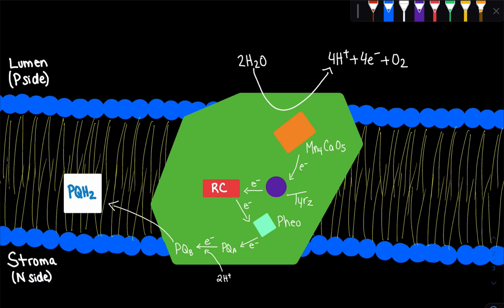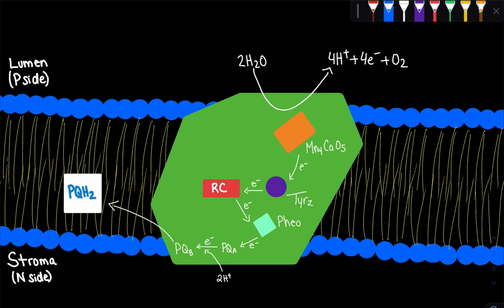If we recall back to the electron transport chain in the mitochondria, we have quinone. Here in photosynthetic plants, we have plastoquinone. PQA is tightly bound to photosystem 2. It's going to pass its electrons on to PQB.